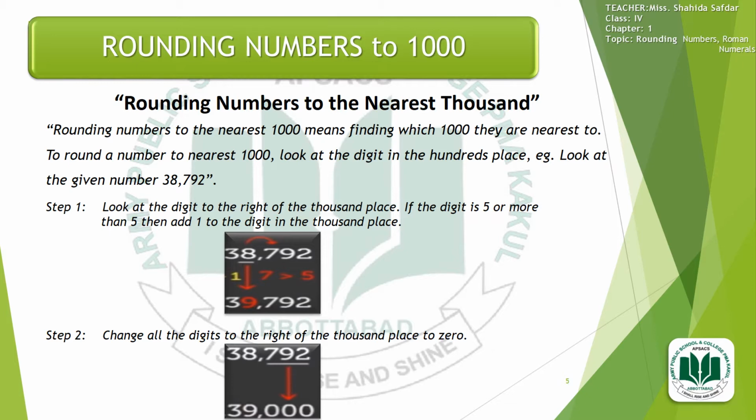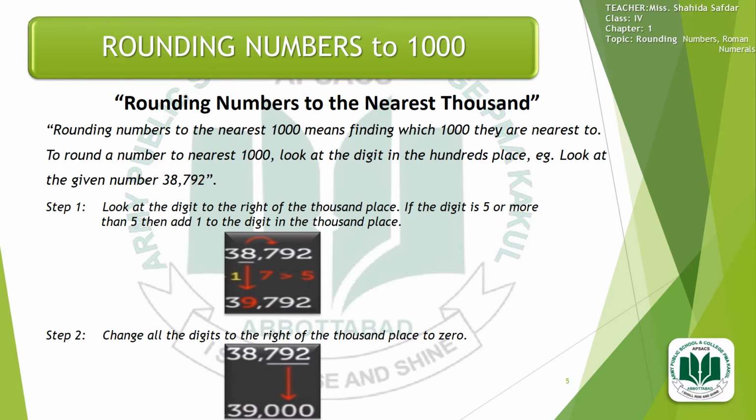To round a number to nearest thousand, we always look at the digit in the hundreds place. That is, the digit at the hundred place will decide what we have to do with the digit which is at thousand place.